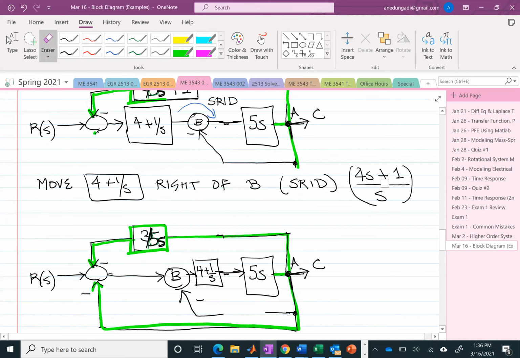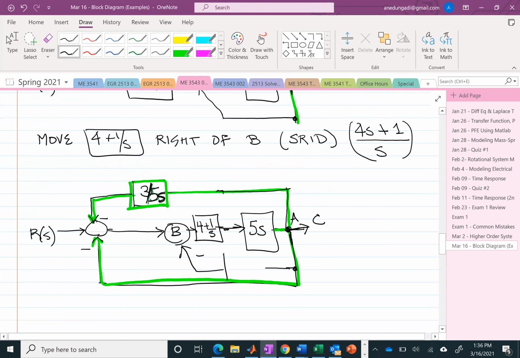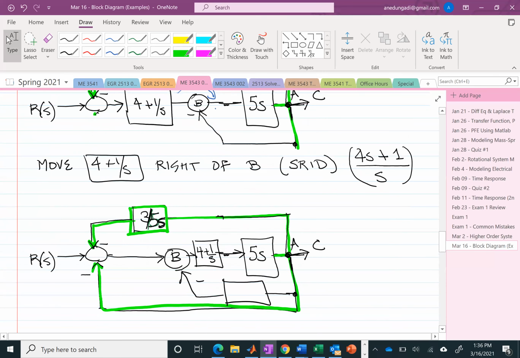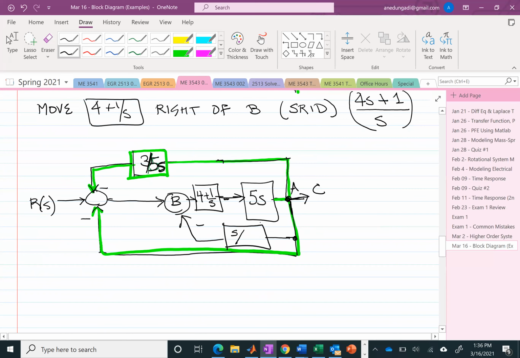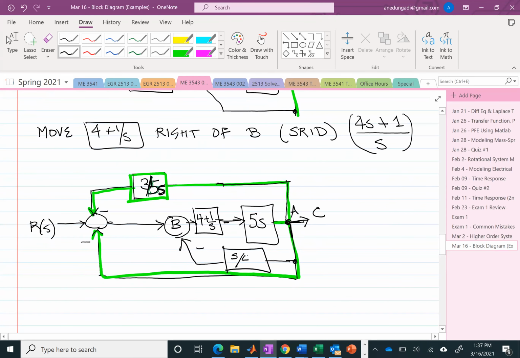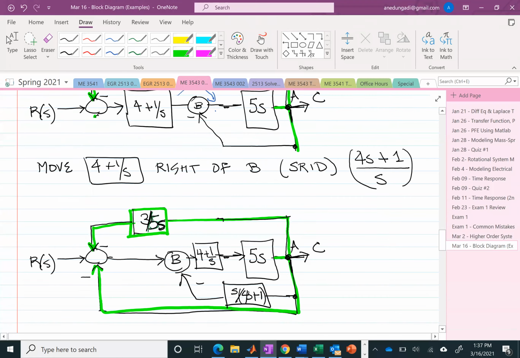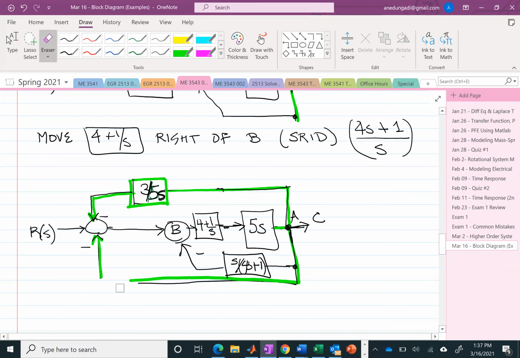Okay, so this is what I moved to the right of B. So I have to take every input to that summation and divide. So when I divide, I have the reciprocal of this, which is S over 4S plus 1. Is everybody still with me? Okay. This no longer exists, right?